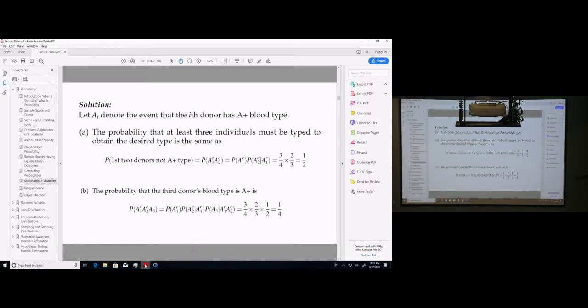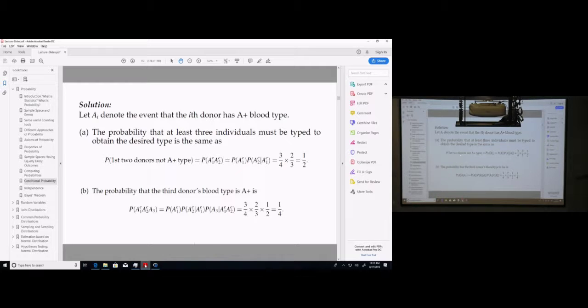But another way to say it is that your first 2 situations fail. If your first 2 fail, then definitely you have to go to the third or the fourth.